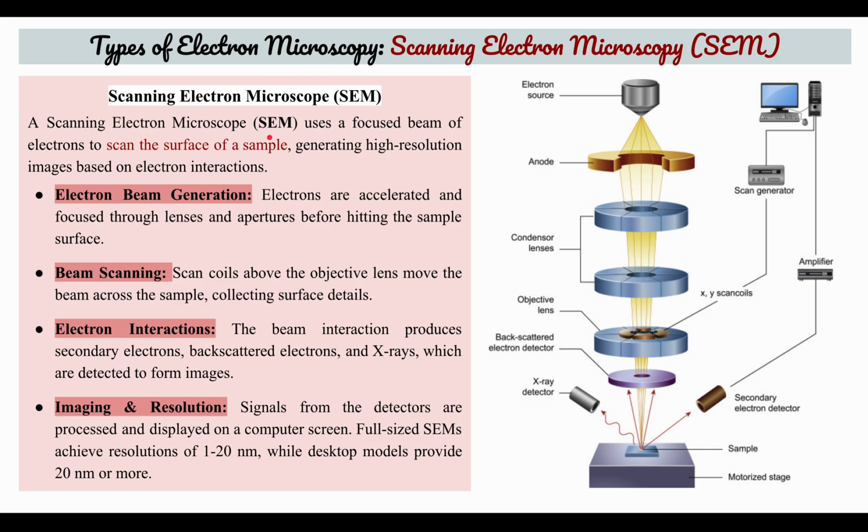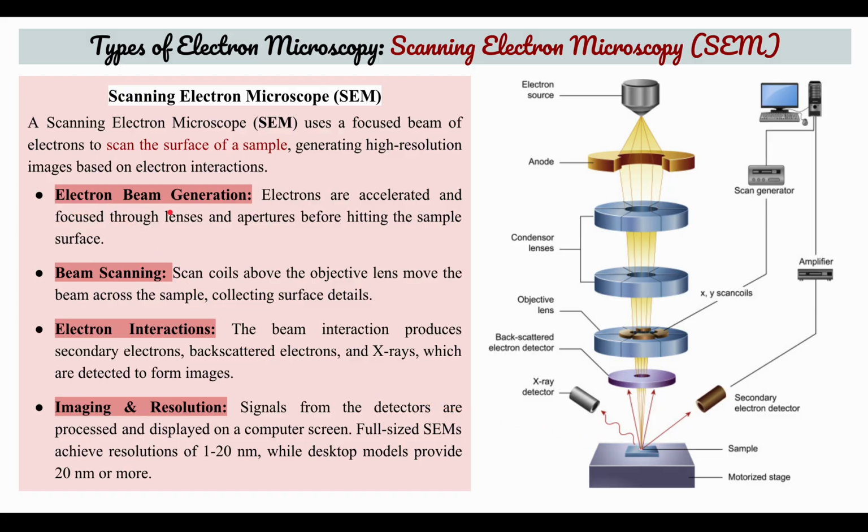The scanning electron microscope uses a focused beam of electrons to scan the surface of a sample, generating high resolution images based on the electron interactions. So how the electron is interacting with the specimen, depending on that, it will make the surface pictures of that particular sample.